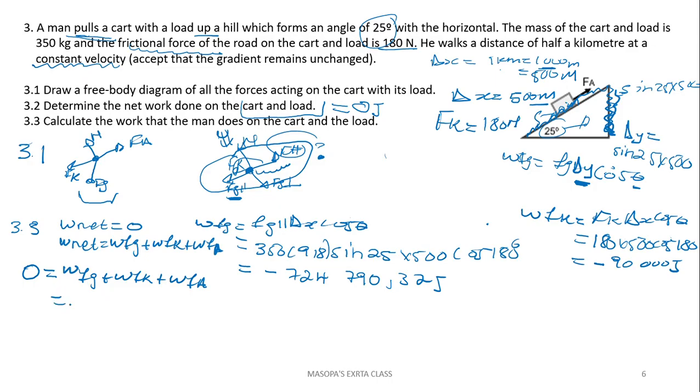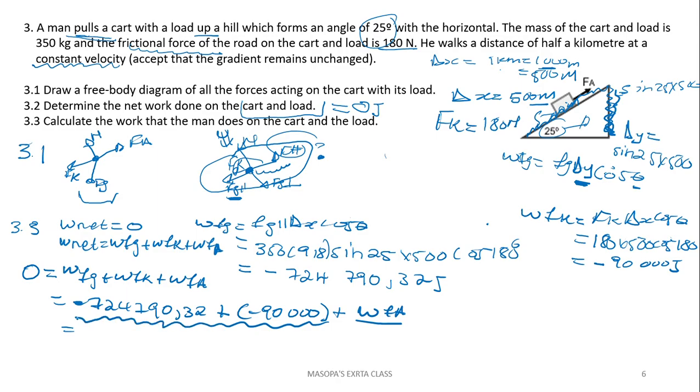Then work net by the frictional force is negative 724,790,32 plus the work net by the Fk, which is negative 90,000, plus work net by the force applied. Then basically we can transpose our work net, or we can transpose this figure when you punch it in the calculator, right?